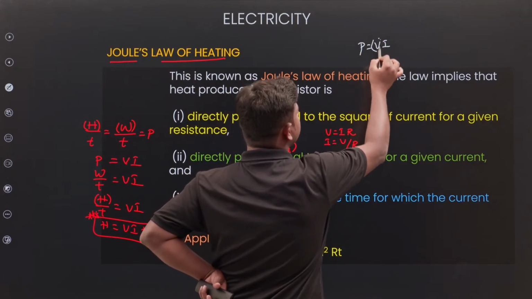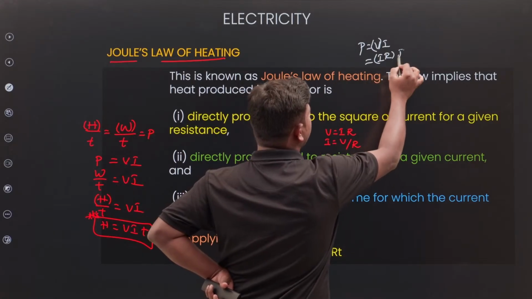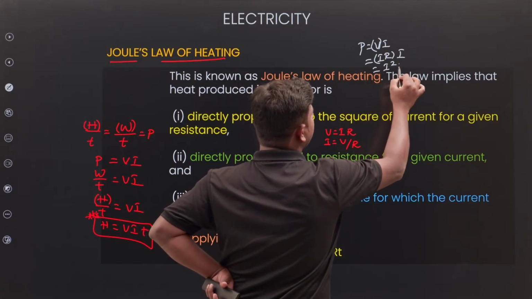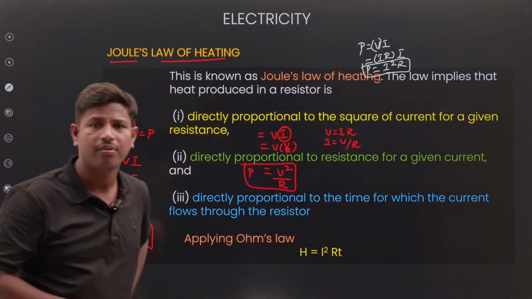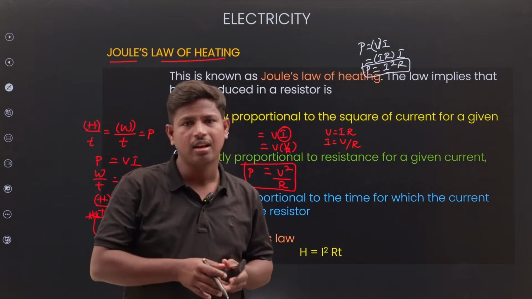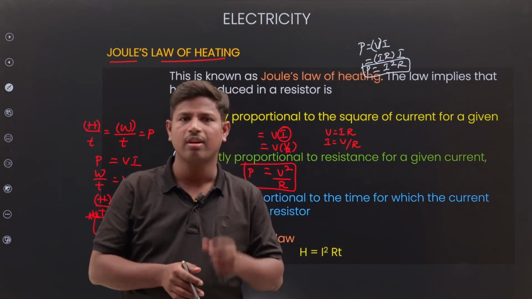Then substitute V is equal to IR, IR into I, then I square R. So you get two formulas. In terms of current, you have I square R. In terms of potential, you have V square by R.